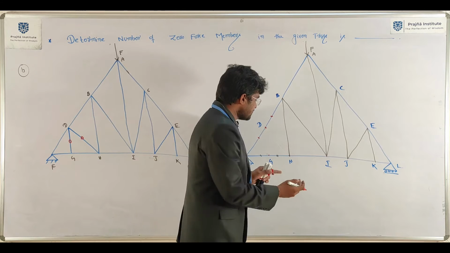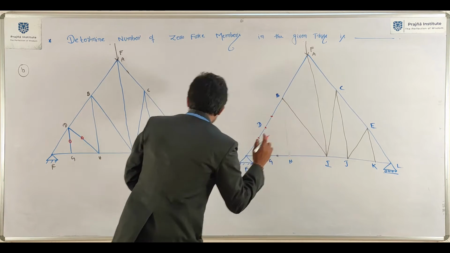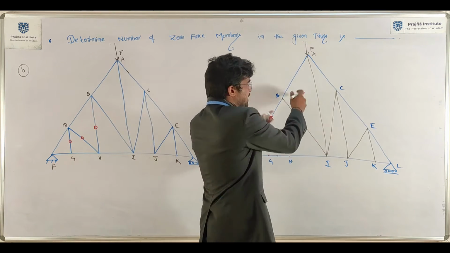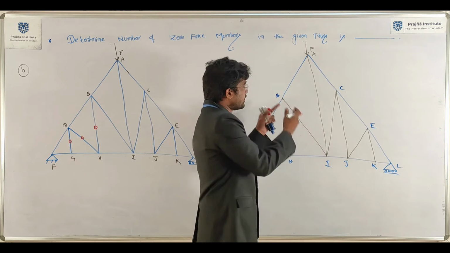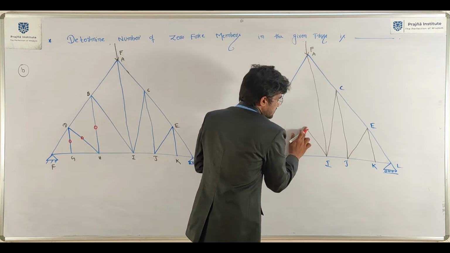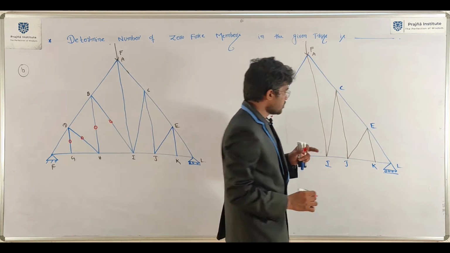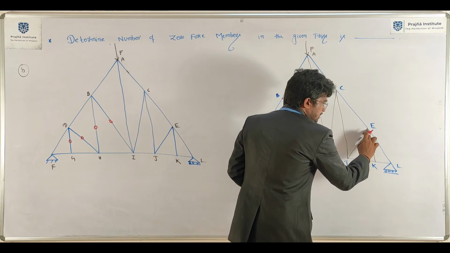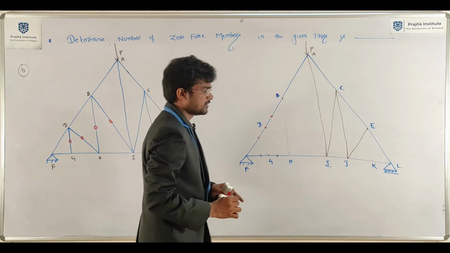Now apply the same logic. These two are collinear. Force in this member equals 0. Force in this member equals 0. Apply the same logic. These two are collinear, non-collinear member, no load acting. Force in this member equals 0. Now start from here. These two are collinear. Force in this member equals 0.